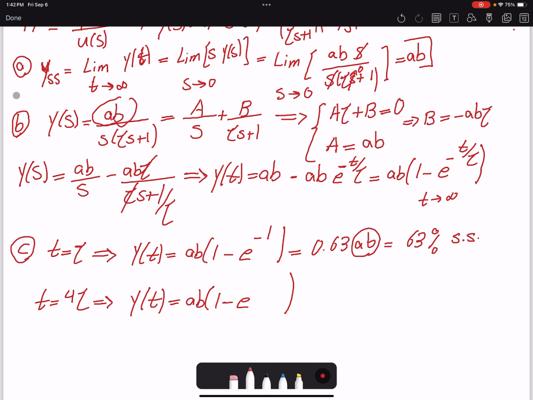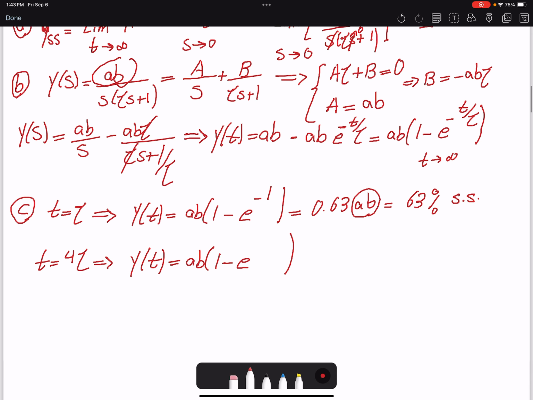That would give me 0.98 ab, or 98% of the steady state response. Again, these conclusions are true for every system. At 1 time constant, you're going to get to 63% of the steady state. At 4 time constants, you're going to get up to 98%.